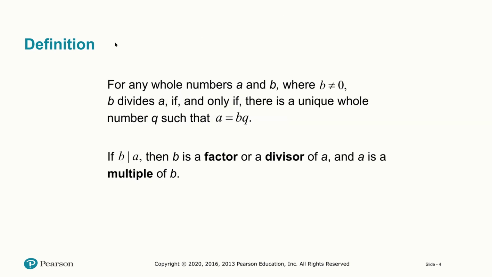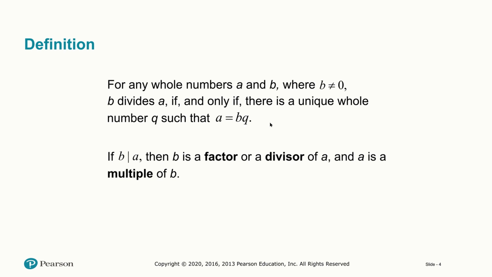All right, so here's a formal definition. For any whole numbers a and b where b is not 0, we say that b divides a if and only if there is a unique whole number q such that a equals bq.